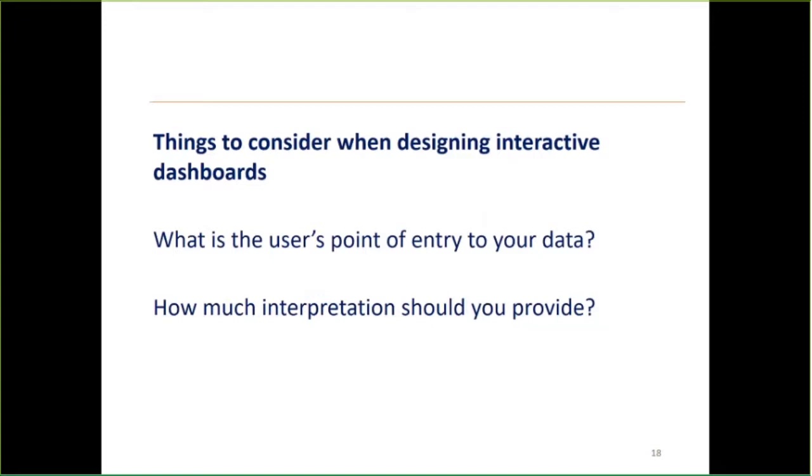If you're presenting a model, how much information do you want to give about the assumptions or the variables included? Or if you're presenting information over time, how much do you want to say about policy changes that occurred during that time period that could affect your data? It's a question of presenting the data in the dashboard, but also giving the user the information to correctly interpret that data. So I'm going to turn over to Amy now.